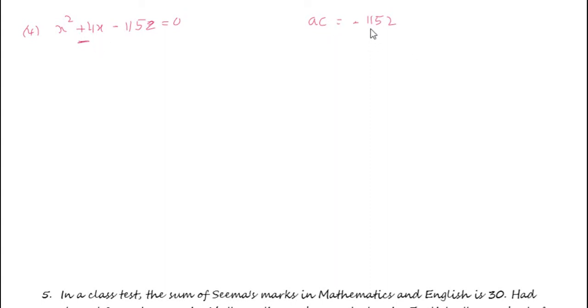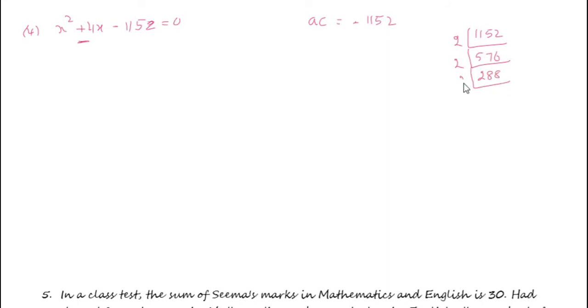But splitting 1152 into two factors so that the difference of those two factors is 4 is not simple. Let us use a prime factor method for solving this. Let us find out the prime factors of 1152. Now this is divided by 2, 576. Again divided by 2, 288.